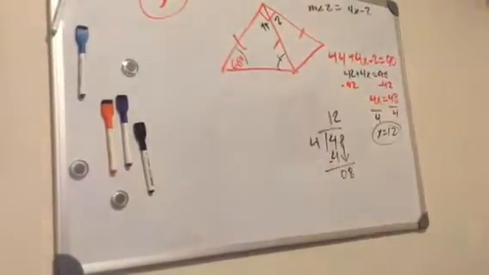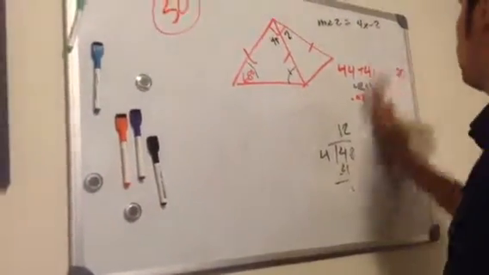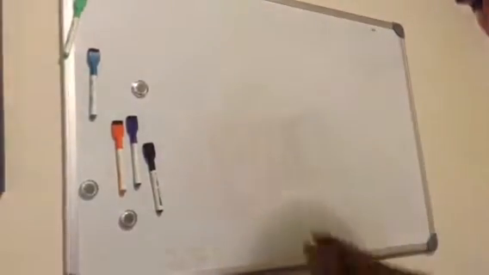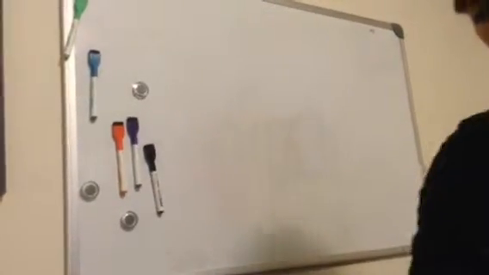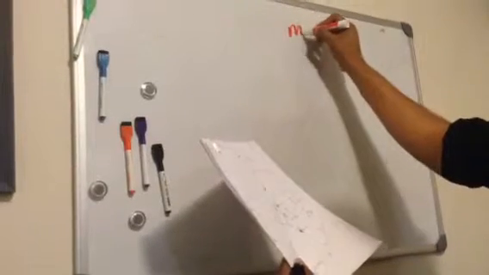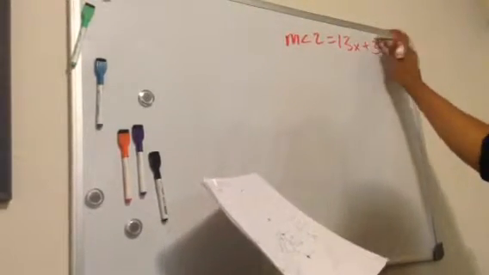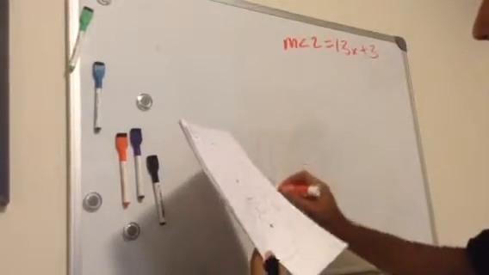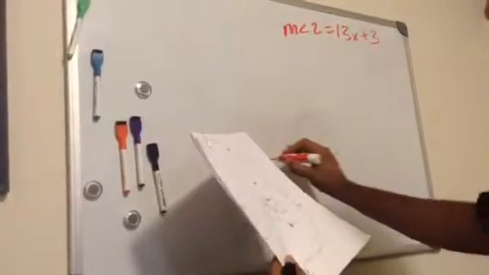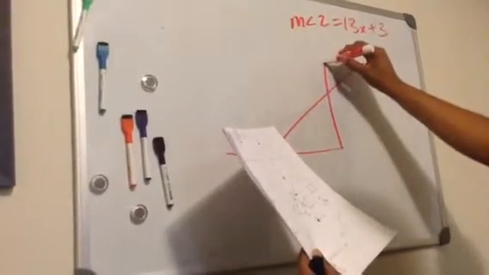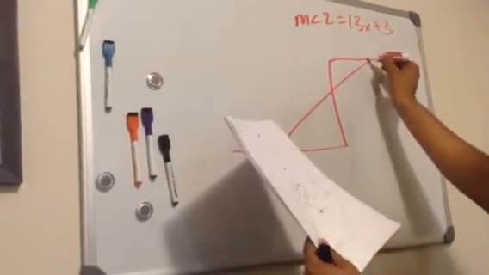Now we are going to move on and do problem 52. So problem 52, it tells me the measurement of angle 2 is equal to 13x plus 3. Great. So now I'm going to draw it. While I'm drawing it, you all want to actually be drawing it as well, so you have a clear understanding of how to do this.